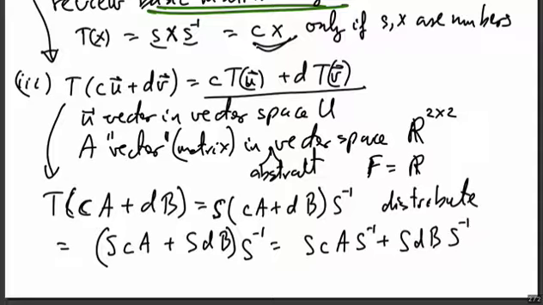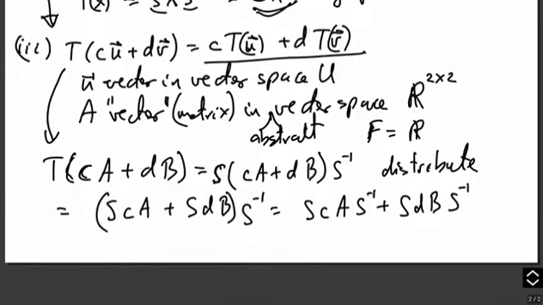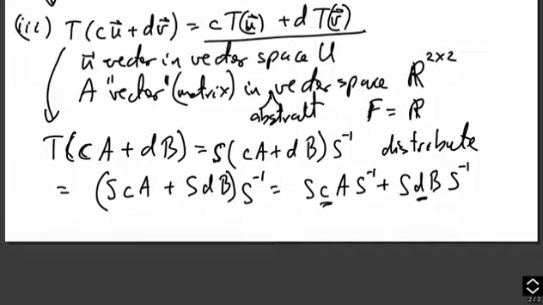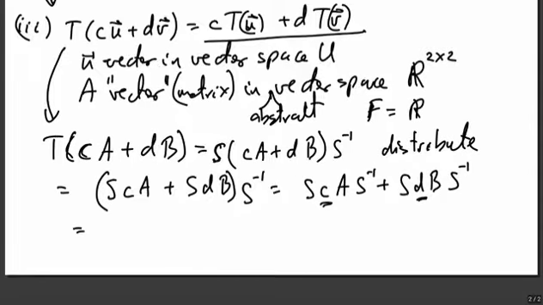And remember, the matrix multiplication is not commutative, you cannot change the orders. Matrix multiplication from left has to stay from left, and from right stays right. Then another property is that a scalar in a matrix multiplication can be brought in front. C times SA S inverse and D times SB S inverse.